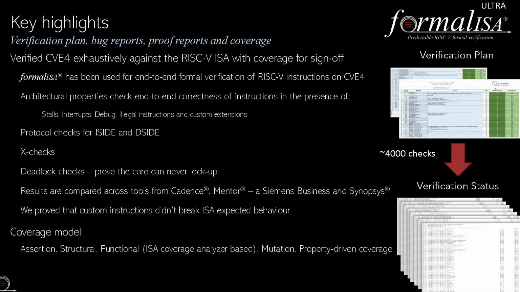If I give you an update on what we did with CVE4, we started off with architectural proofs, and we established that the CVE4 can work correctly against all instructions in the user ISA. We could examine this correctness in the presence of stalls, interrupts, and extensions. We can prove that extensions do not break the expected ISA behavior.